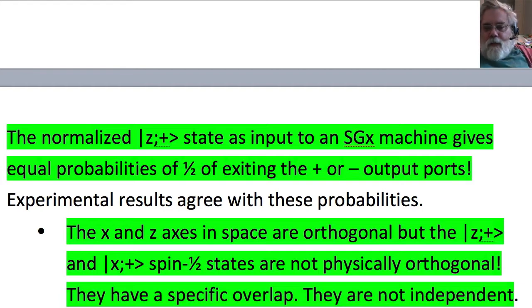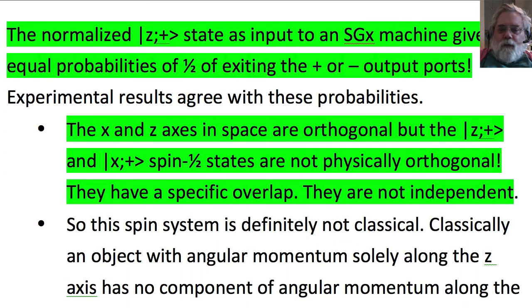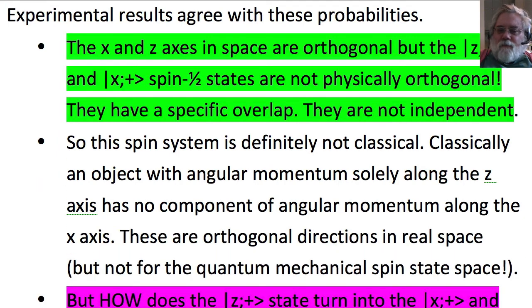The X and Z axes in space are orthogonal, but the Z plus and X plus spin 1/2 states are not physically orthogonal. They have some overlap. They're not independent. So this spin system is definitely not classical.